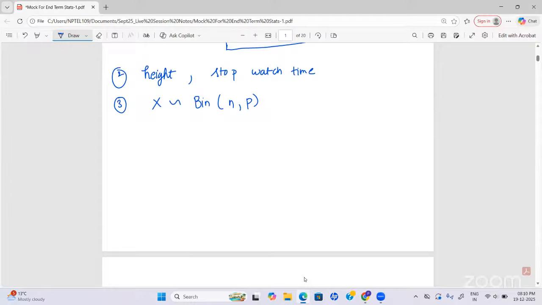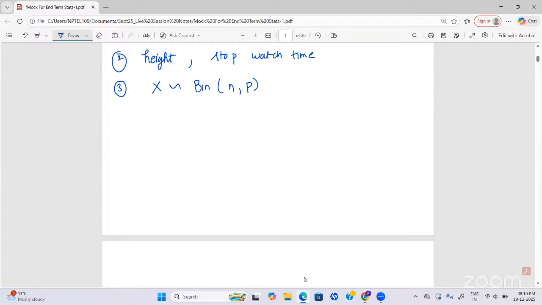Yes, correct. First of all, the variance formula, variance of x here is np(1 minus p). This value will be maximum when p is equal to 0.5 or 1 by 2. Is this thing clear to everyone?